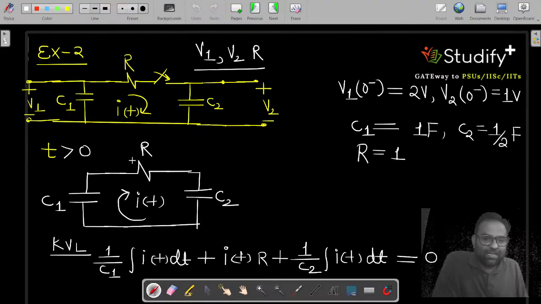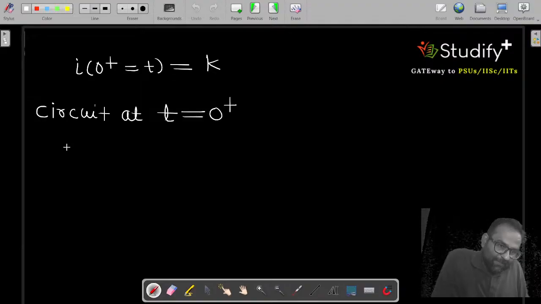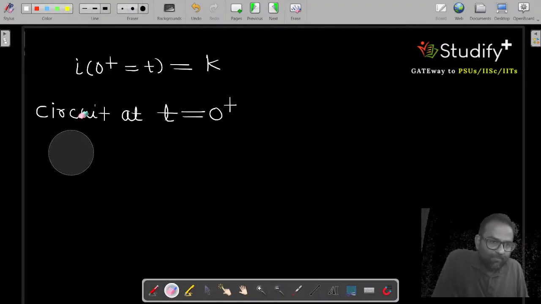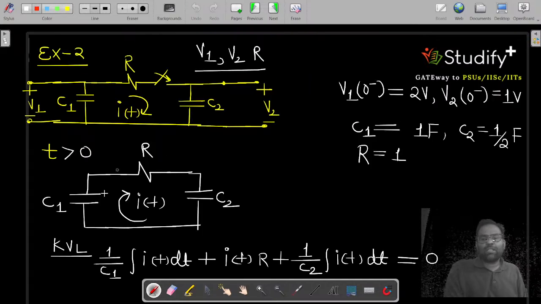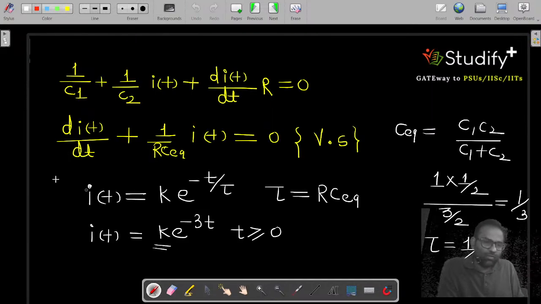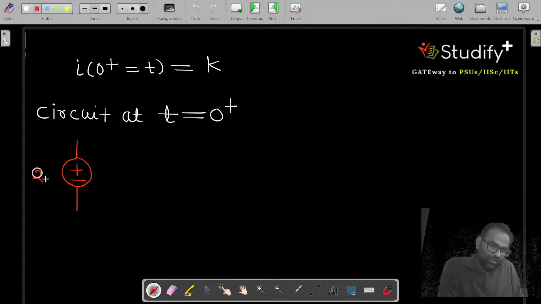How will the circuit look at t0 plus? I will replace my capacitor number 1, because the initial condition of capacitor 1 is given as 2 volts. So I will take this potential as 2 volt.